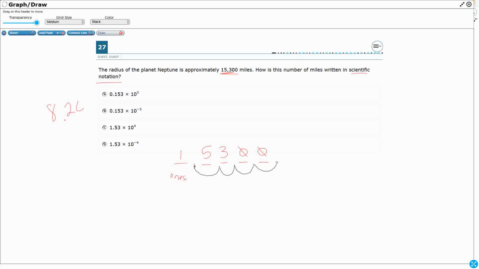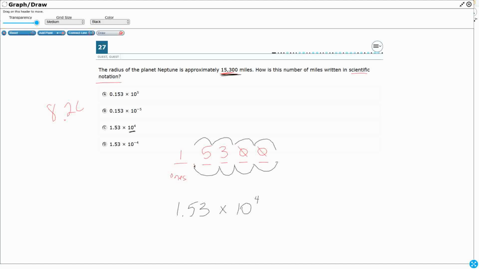So I moved it 4 times to the left to turn it into this. If I wanted to get it back to this from this, I would need to move it once, twice, 3 times, 4 times to the right. And so that's what we're going to do. We're going to label this as 1.53 times 10 to the 4, because every time I jump to the right, I am adding 1 to that exponent. And so that is going to be our answer right there.